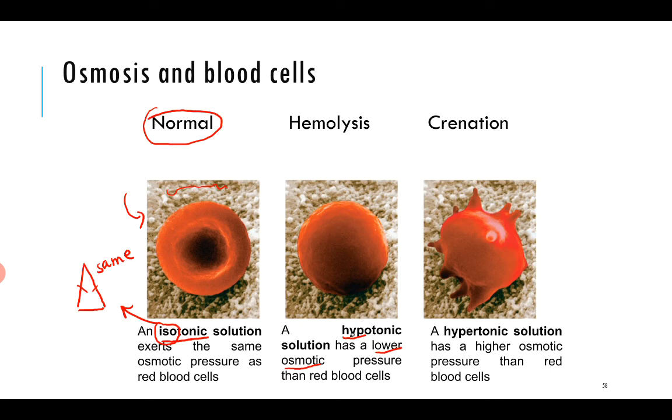We have some polyatomic ions that say hypo. Hypo means without, so it's like without salt or something. And so you're going to be flowing water across the cell. Similarly, in reverse, a hypertonic solution has a higher osmotic pressure than the red blood cells. And so if you're in a hypertonic solution, you have crenation in your cells.